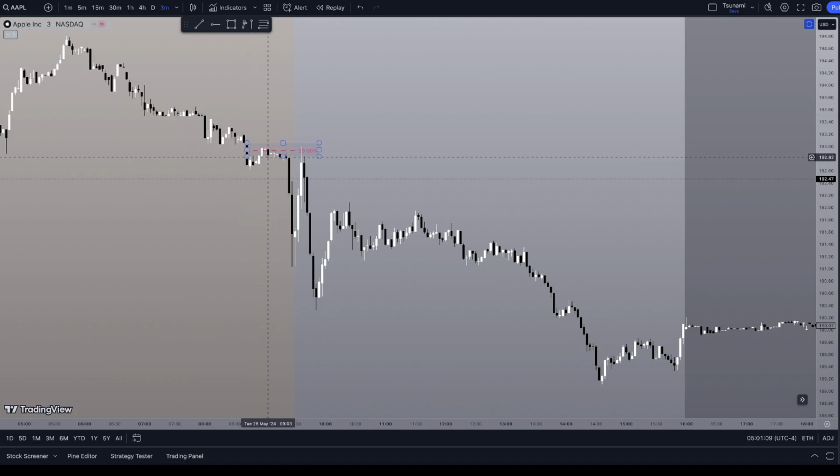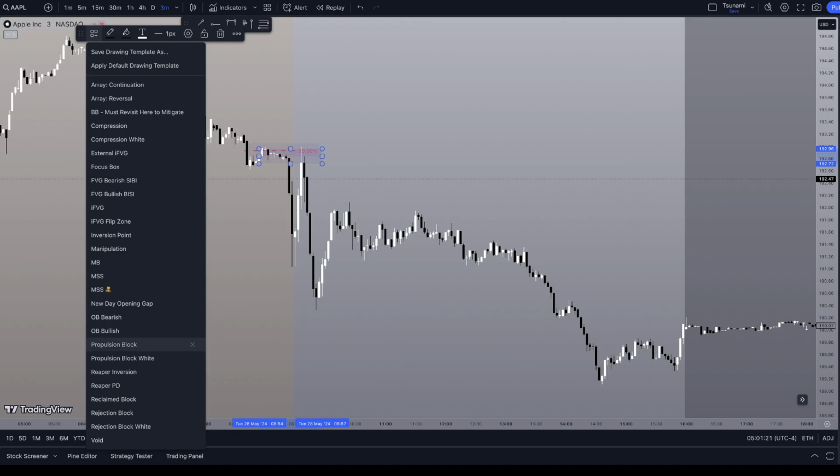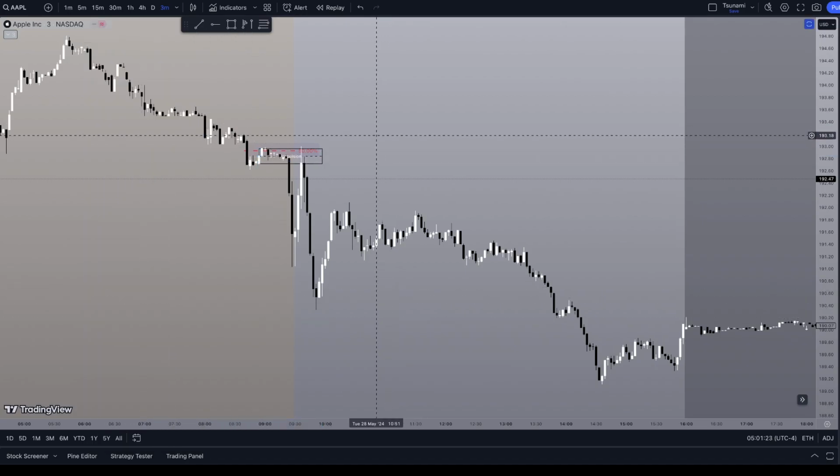So boom, a little bit past 50%, but let's just say this is a propulsionary zone as well as an FVG. So you have propulsion block again right here.